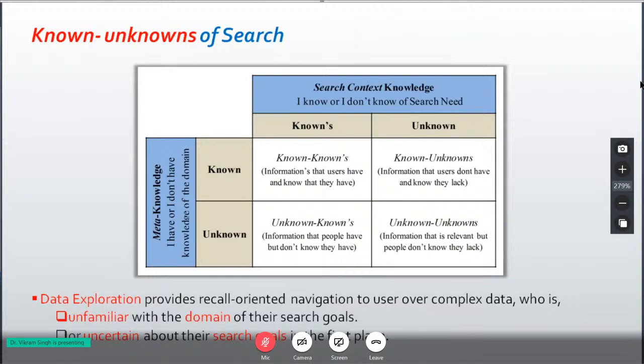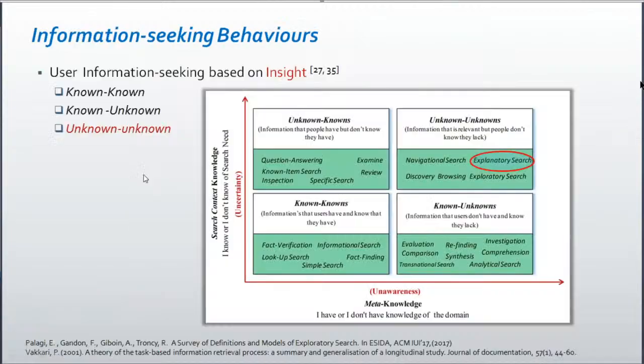So let's take a new view. Now, in this slide, I have placed all those knowns and unknowns again, and in this green area on each box I have placed the various types of search behaviors. You can easily find that the known knowns box has lookup search.